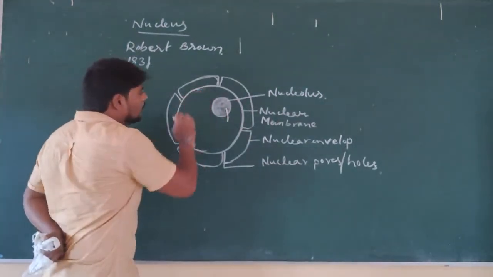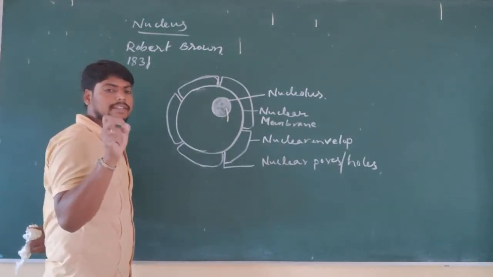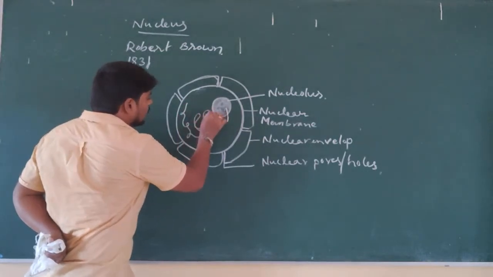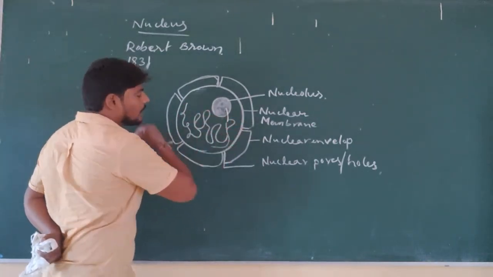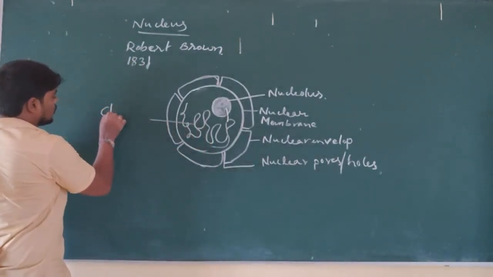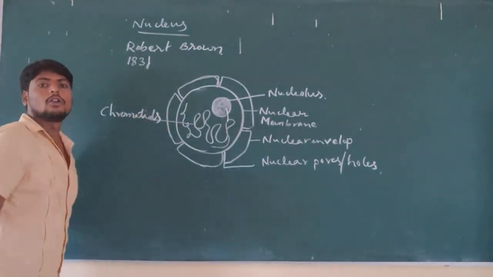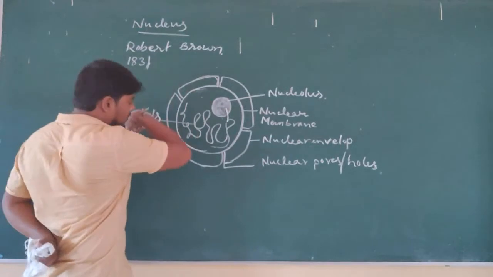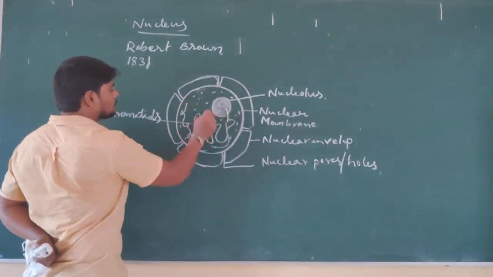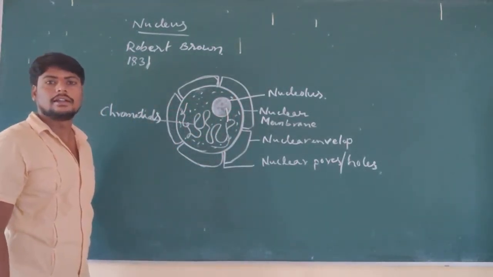And inside the nucleus there are very thin, thread-like condensed structures, which are called chromatids. What are they called? Chromatids. And as usual, it consists of nucleoplasm. This is the structure of the nucleus.